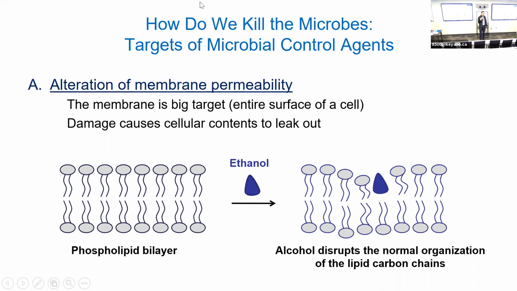And when we start consuming too much alcohol, it does start getting into our membranes, and particularly in humans, it can get into membranes and neurons and kind of affect the transmission of neural pulses. And so you probably know if you've had too much alcohol before, your thinking gets slower, your reflexes are slower. But at high amounts, it actually can kill cells and can be toxic, which is alcohol poisoning.